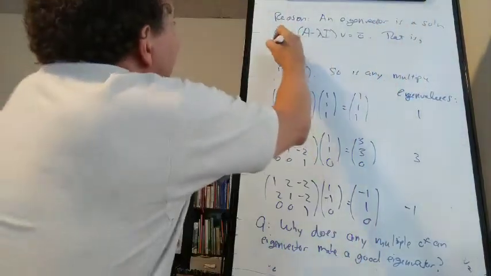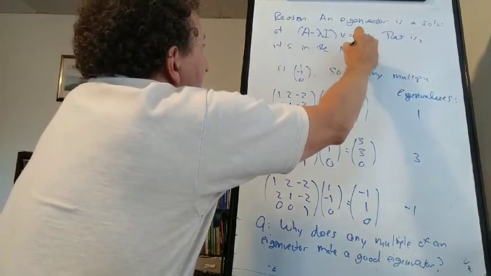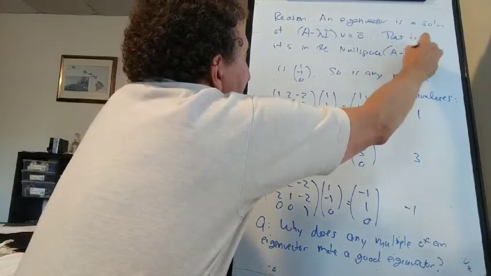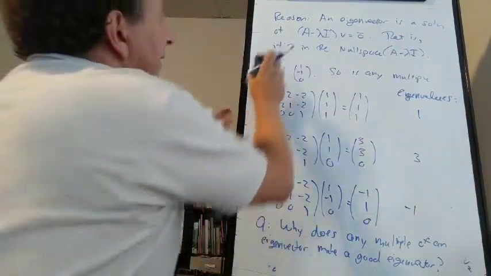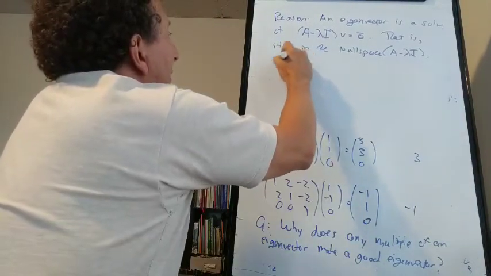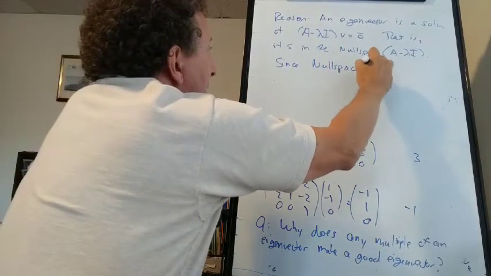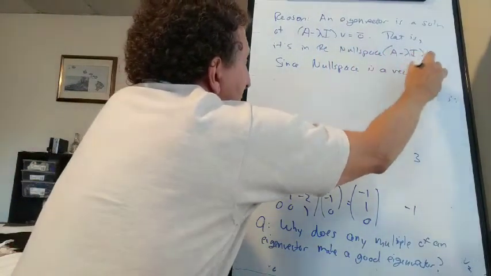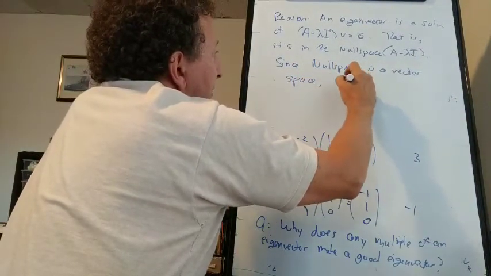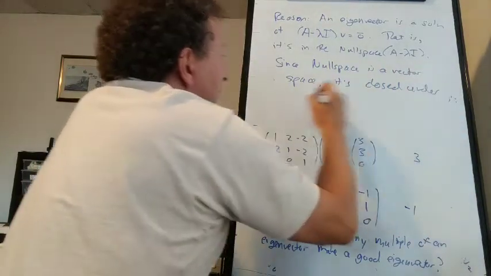That is, it's in the null space of A minus lambda I. And since the null space is a vector space, it's closed under scalar multiplication.